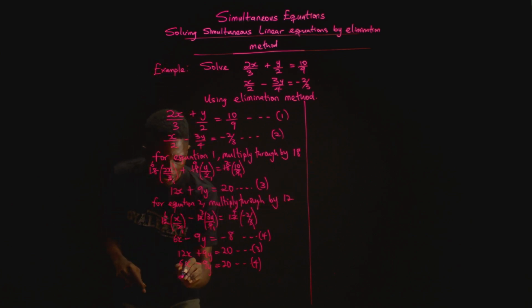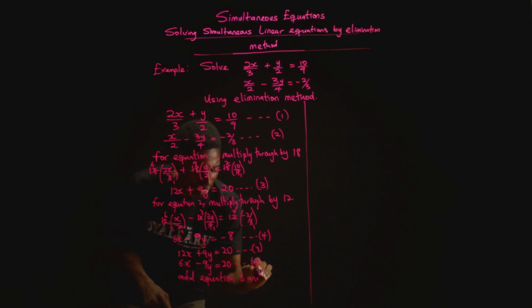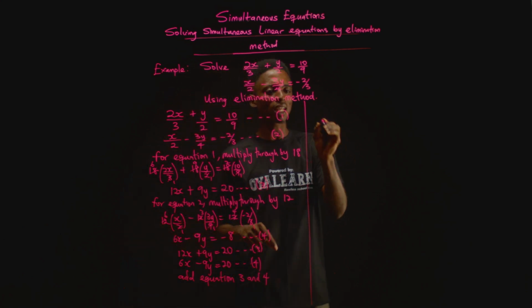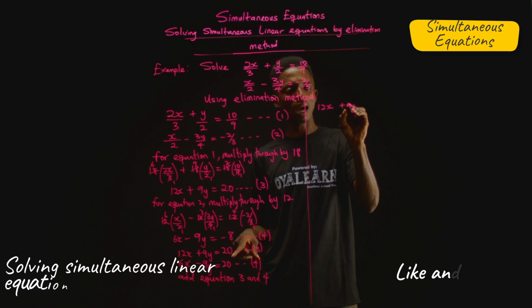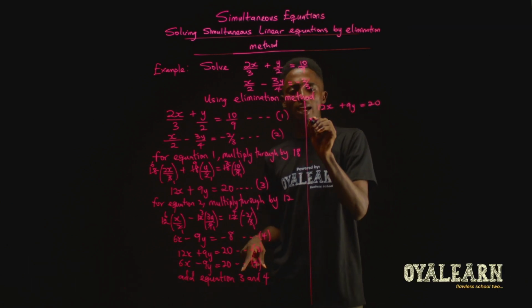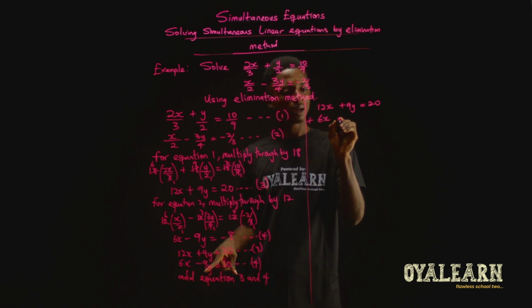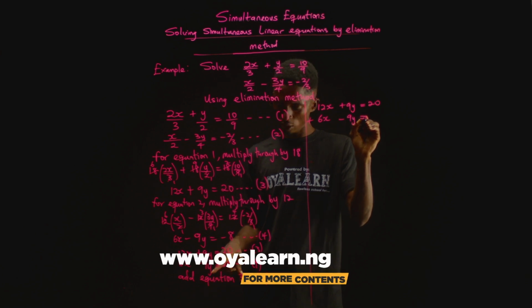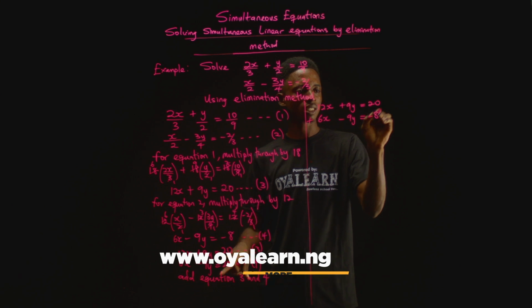So I would add equation 3 and 4. That is, what I have is 12x plus 9y equals 20. And then I will add that to 6x minus 9y equals minus 8.